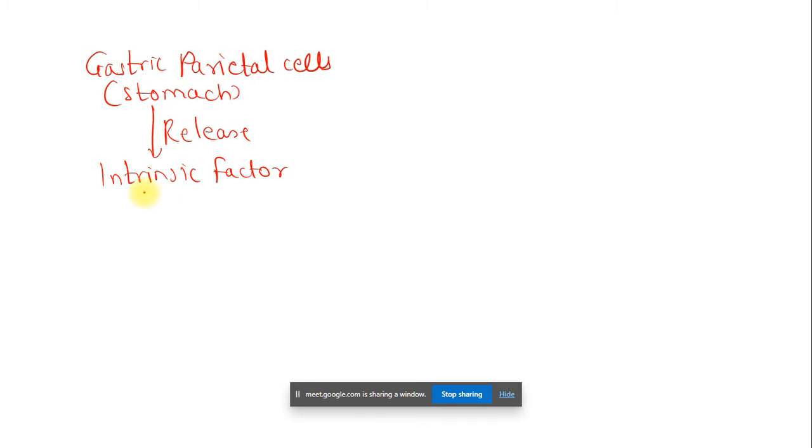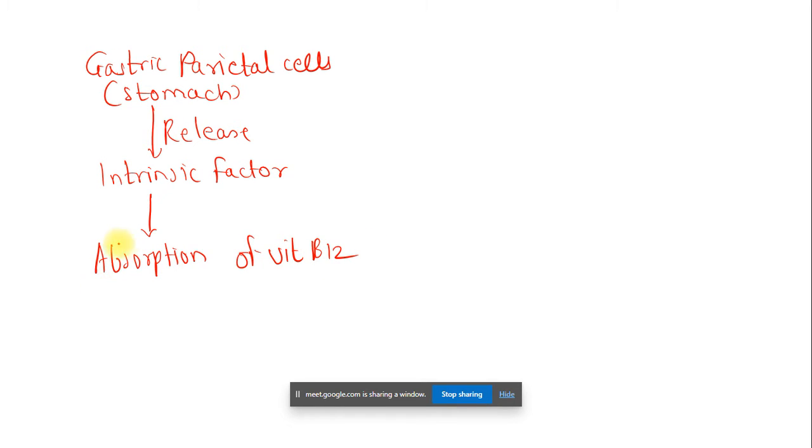This intrinsic factor, which is released by the gastric parietal cell, helps in absorption of vitamin B12.